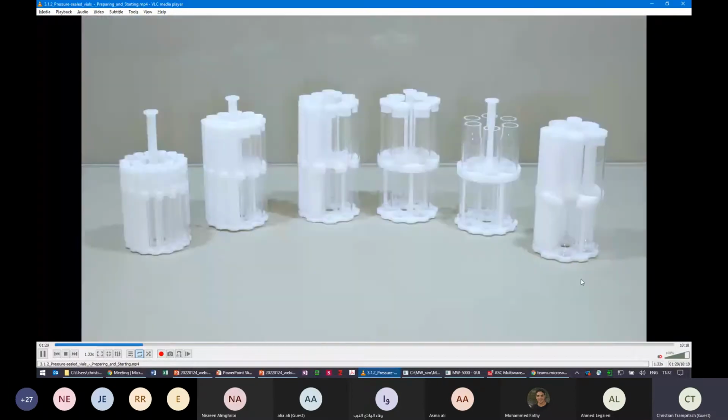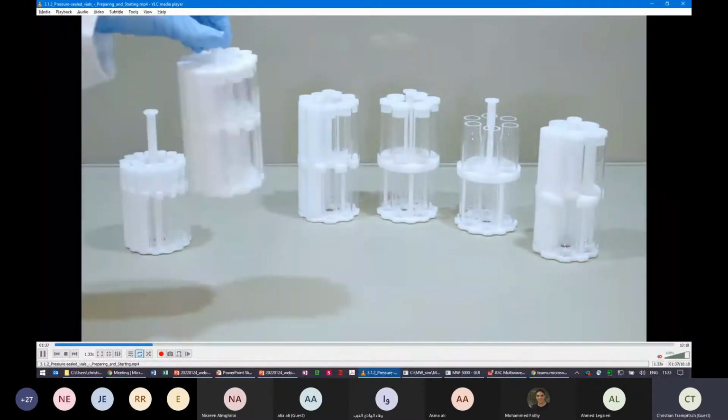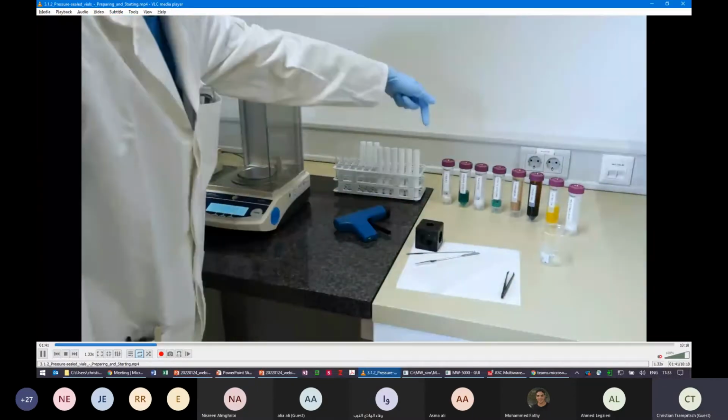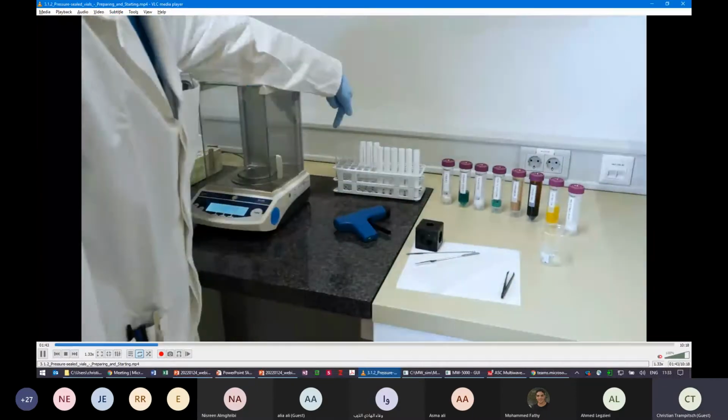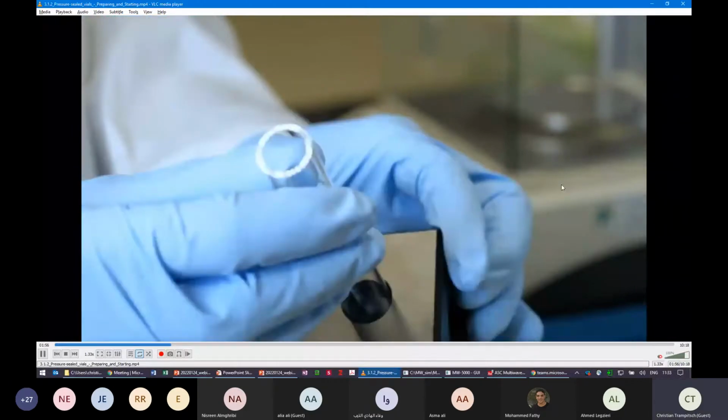Then we can weigh in the sample on the racks. You see here the racks which are available for the instrument. In the meantime, we have two additional new racks. They are not here in the movie. One of the important things is we can digest really completely different samples and sample types within one run, even with different acid mixtures.